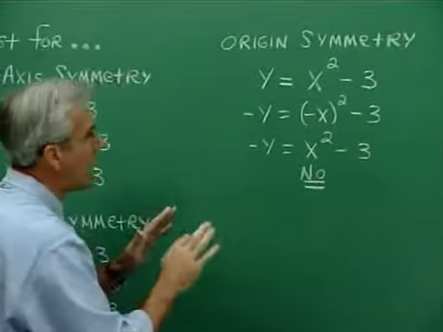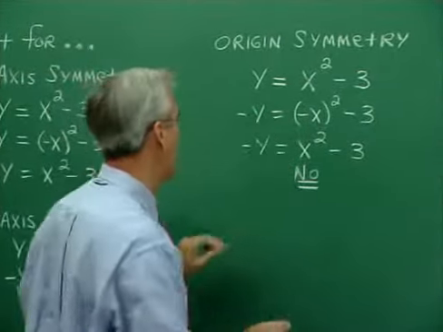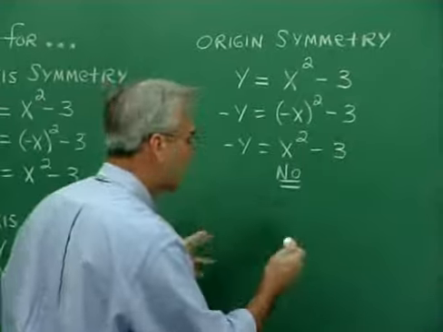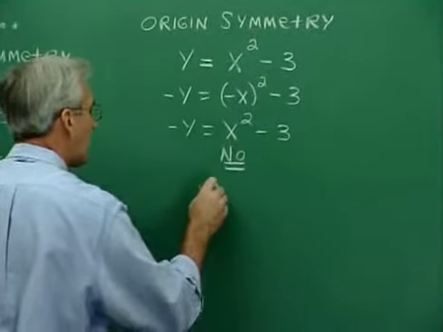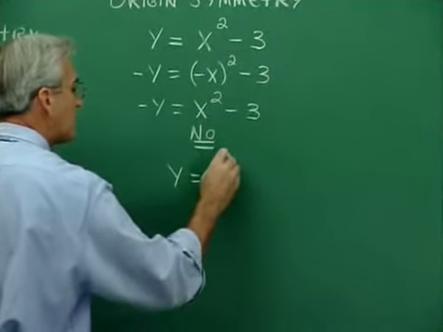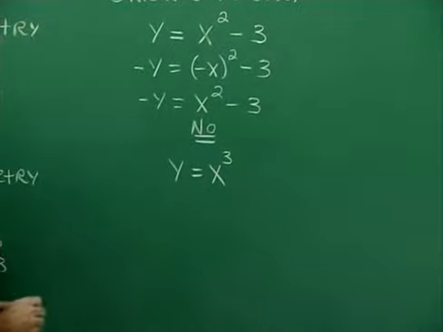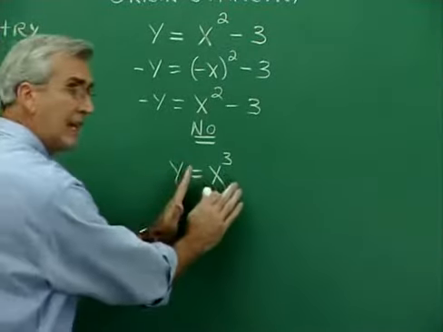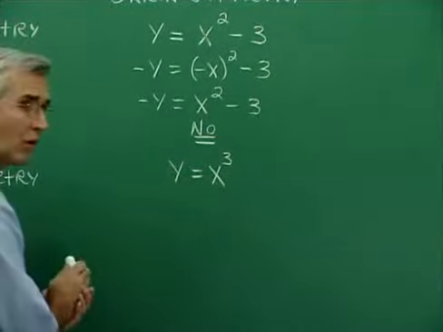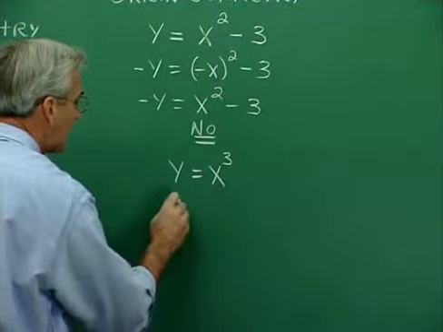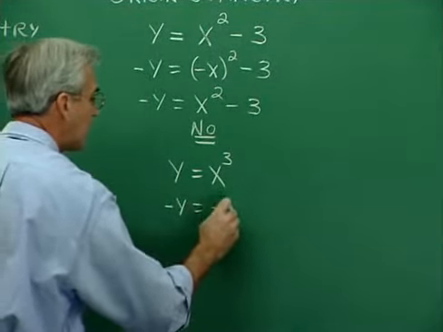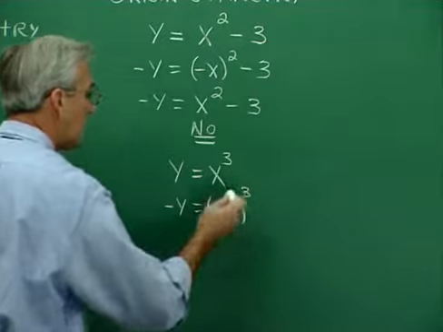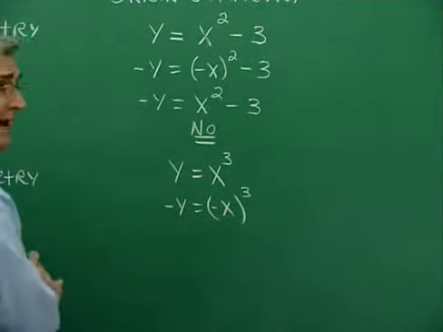Now, let me show you how the test works, though, in a situation where it will be successful. It turns out that the graph of this equation is symmetric to the origin. Now, to test for symmetry about the origin, we replace y with negative y and x with negative x. And then we manipulate to see if we can get back to this form.